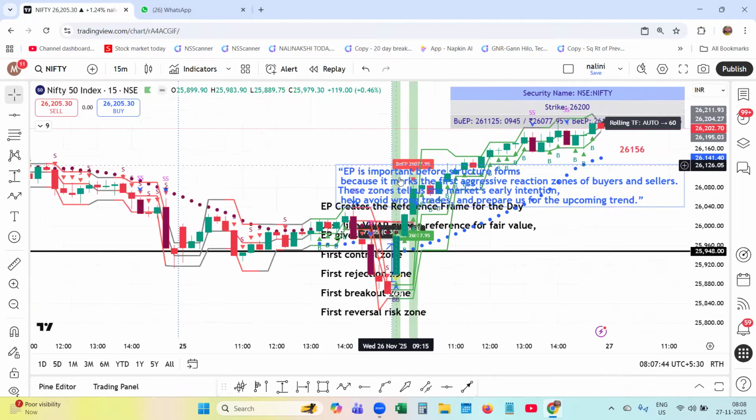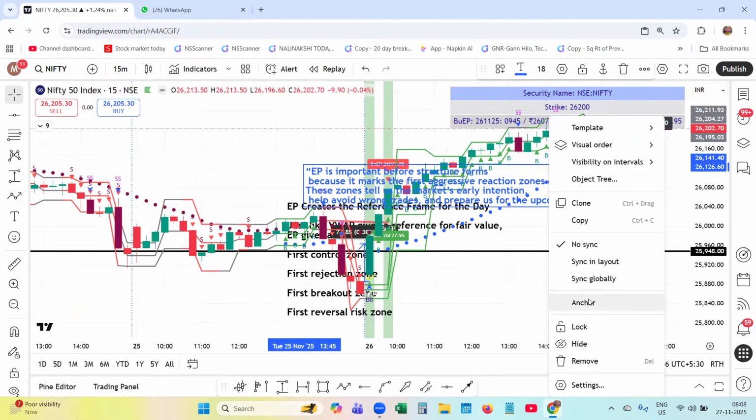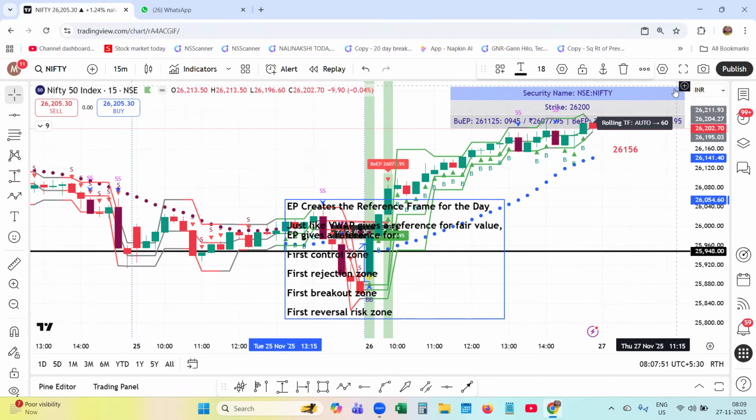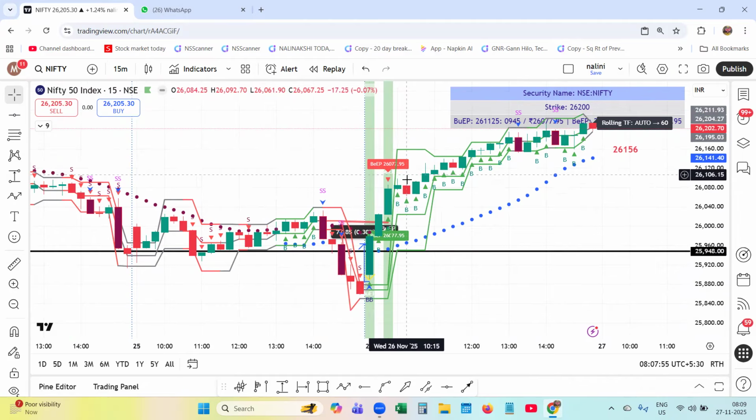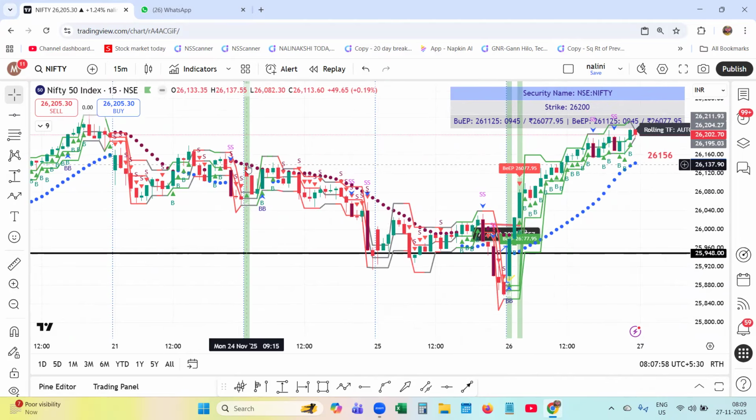I'll reset the chart. I'll remove all these writings because I wrote them so you should know what is what. See, this is the 26th. There was a reference point on the previous 24th, and from the 24th, the buy EP and sell EP were triggered here.